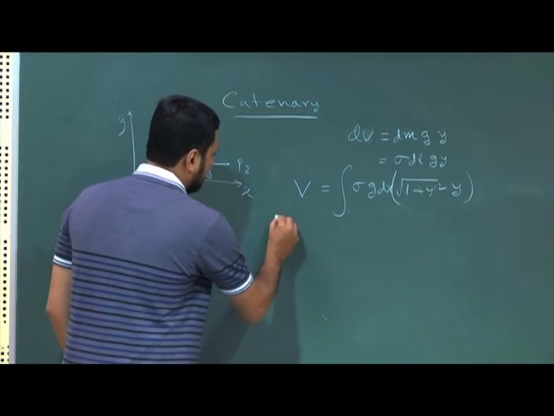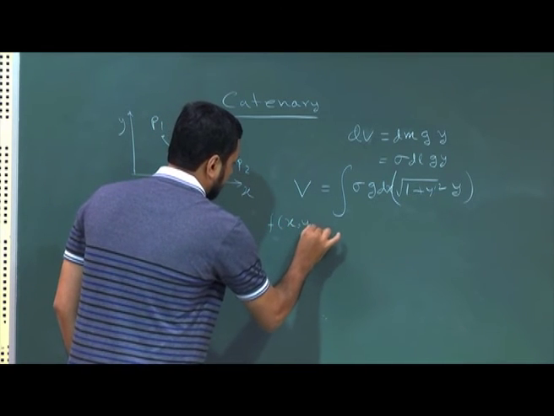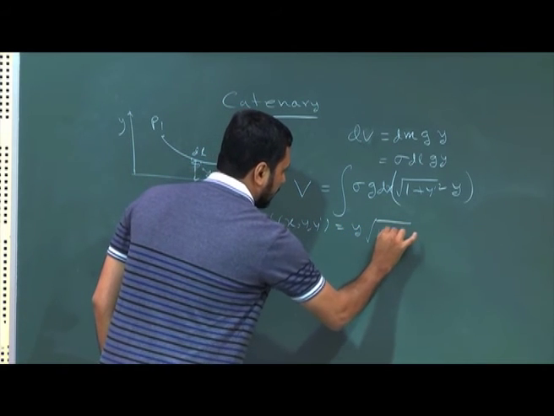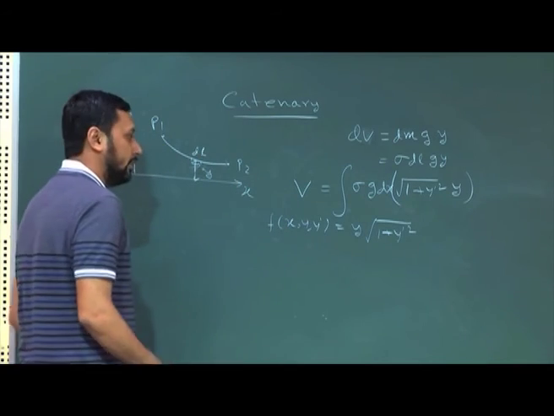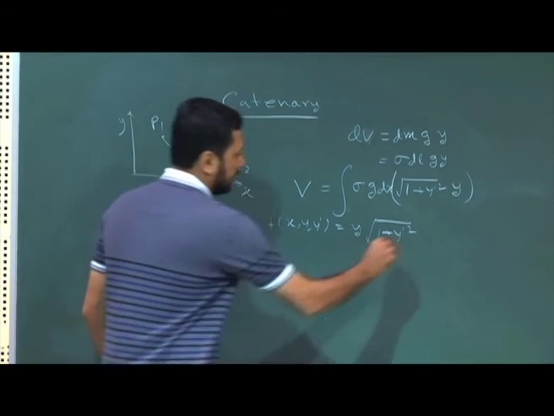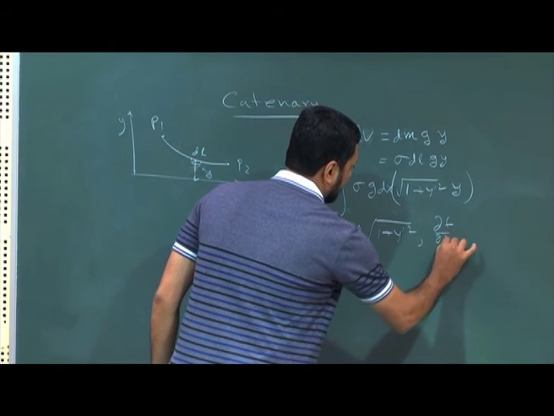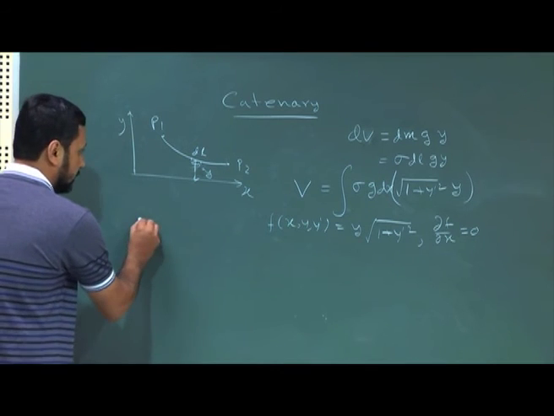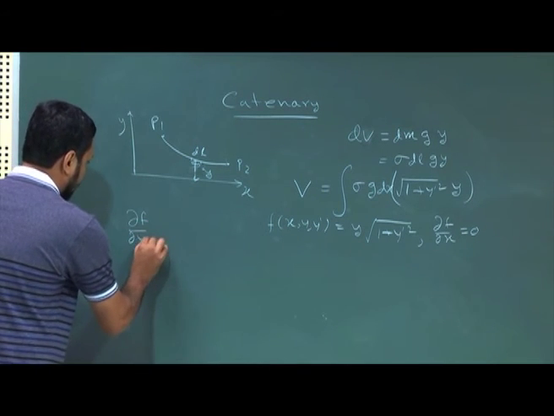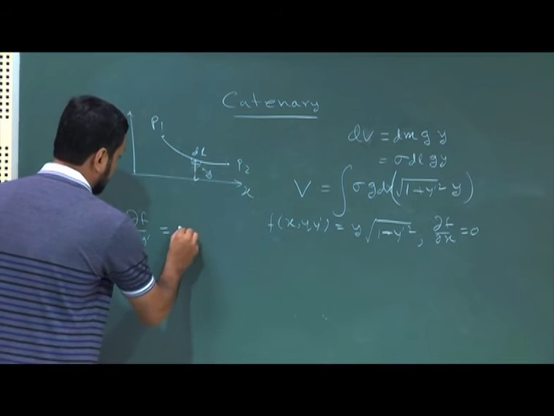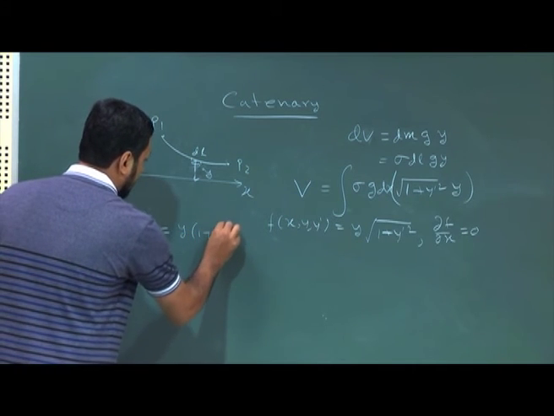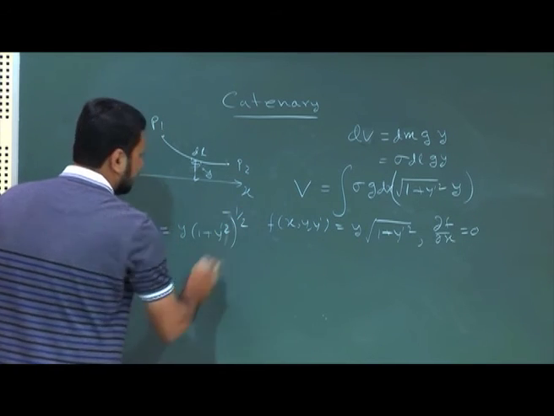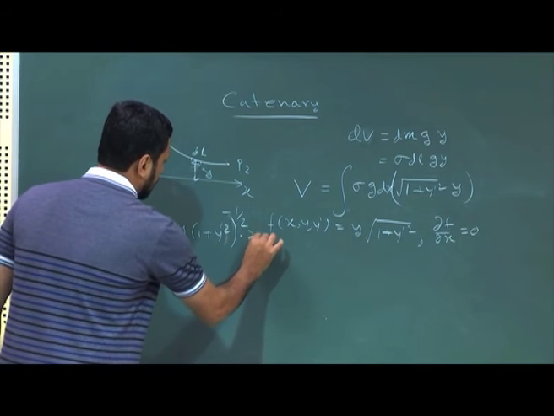So, you have f(x, y, y prime) equal to y root over 1 plus y prime square. Once again we see f is not an explicit function of x, so del f del x equals 0. From here, we have to find del f del y prime, which in this case will be y times half of 1 plus y prime square to the power minus half into 2 y prime.